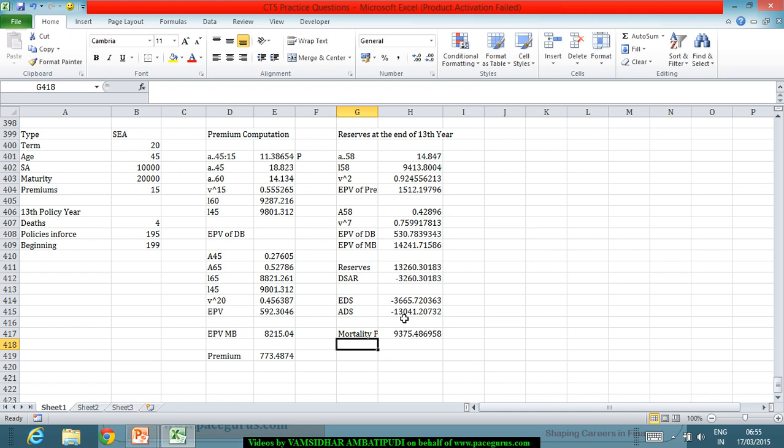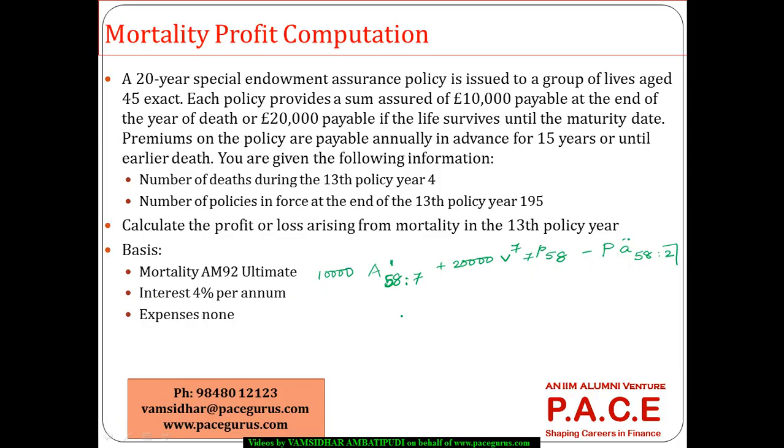If the death strain at risk is negative and more people die than expected, there is a profit. If the death strain at risk is positive and fewer people die than expected, there is going to be a mortality profit. That's how we can compute the mortality profit step by step.